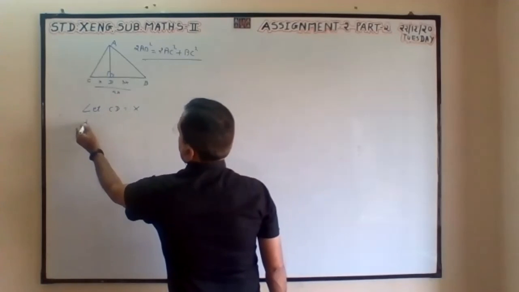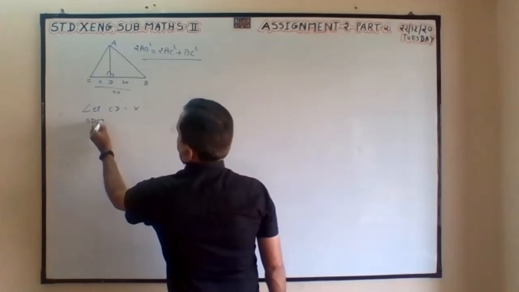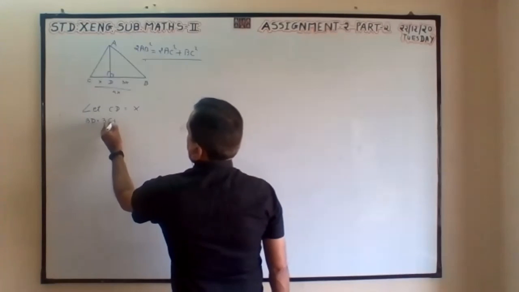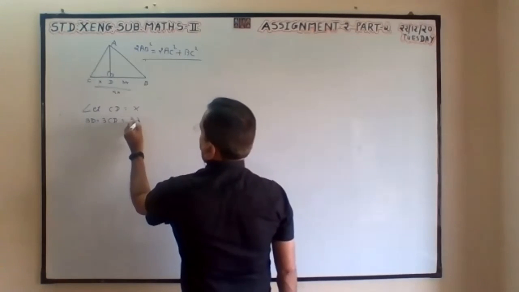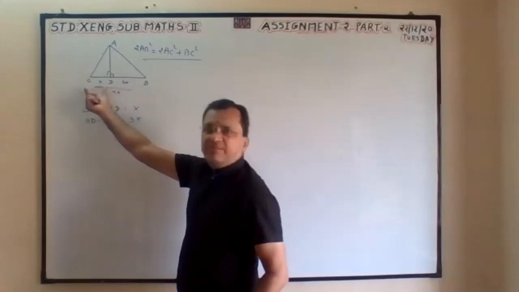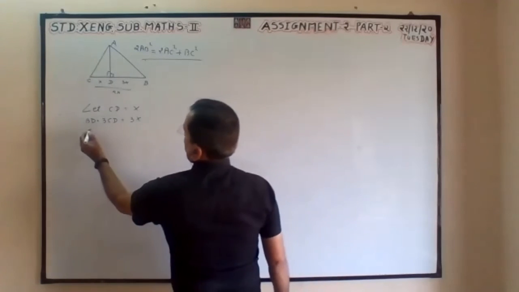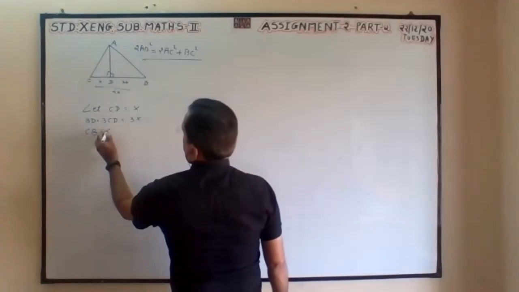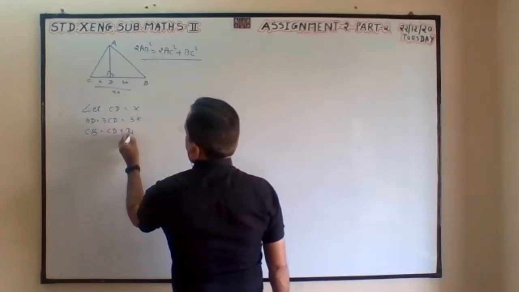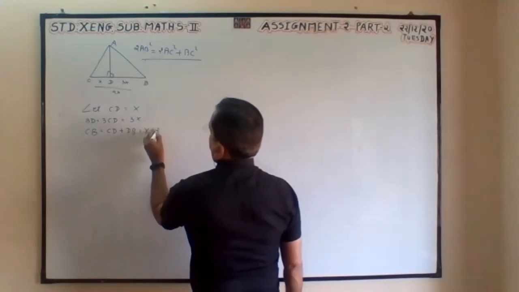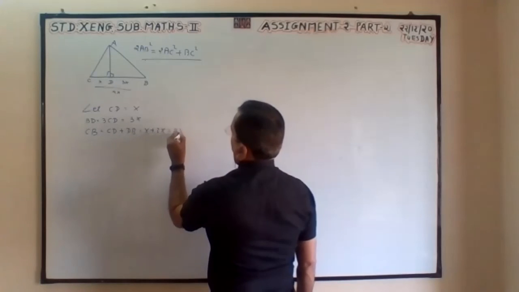Given that BD is 3 times CD, therefore it is 3x. If this is x, this is 3x. So CB is equal to CD plus DB, which is x plus 3x, equal to 4x.